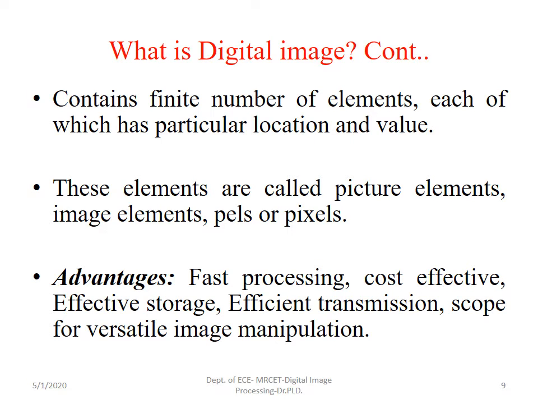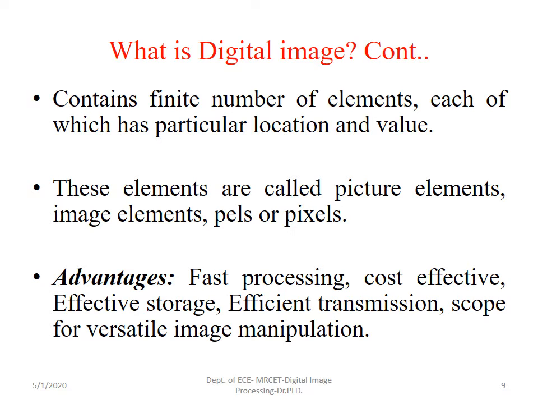Now, what's a digital image? A digital image contains a finite number of elements, each of which has a particular location and value. These elements are called picture elements, image elements, pixels, or pels. In general notation, we call them pixels.